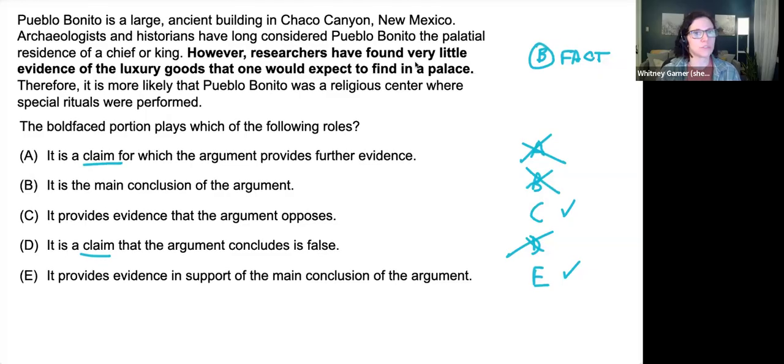We're down to just answer choices C and E. And so I want you to take a look for yourself. What do you think? Is this evidence that the argument is opposing? Or is this evidence that the argument supports, or that is in support of the conclusion?